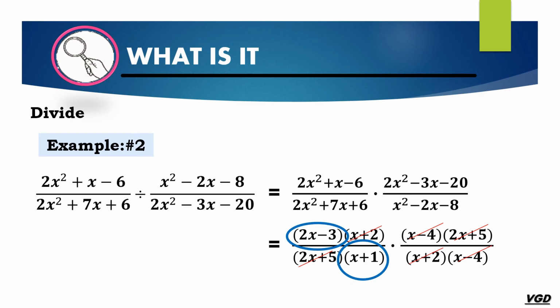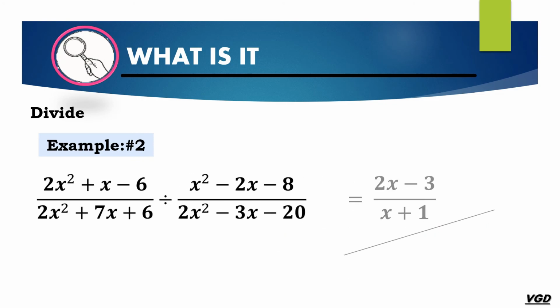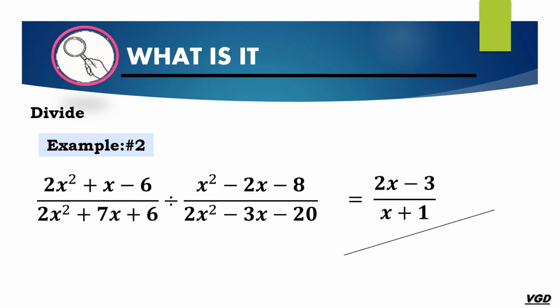Our remaining factor in the numerator is 2x minus 3, and for the denominator we have x plus 1. Therefore, the quotient of 2x squared plus x minus 6 over 2x squared plus 7x plus 6 divided by x squared minus 2x minus 8 over 2x squared minus 3x minus 20 is equal to 2x minus 3 over x plus 1.